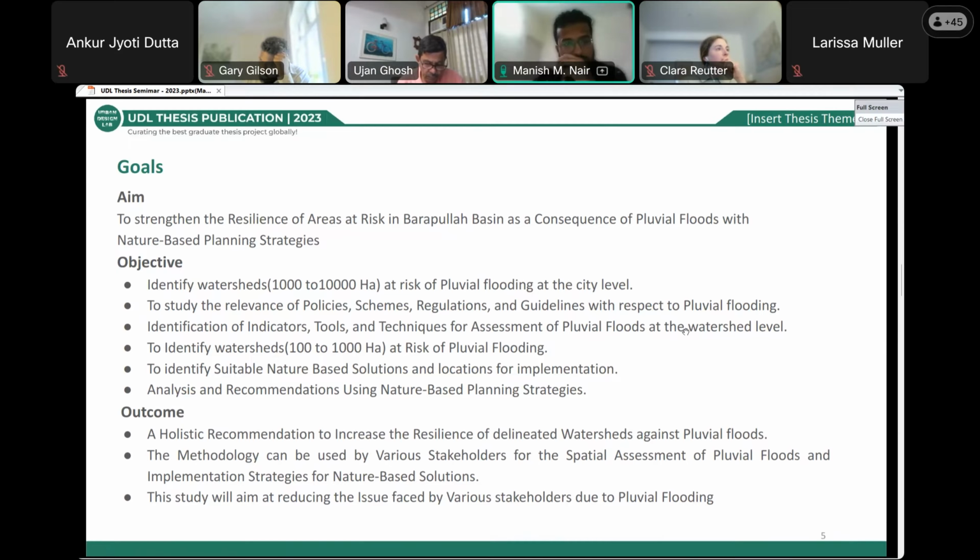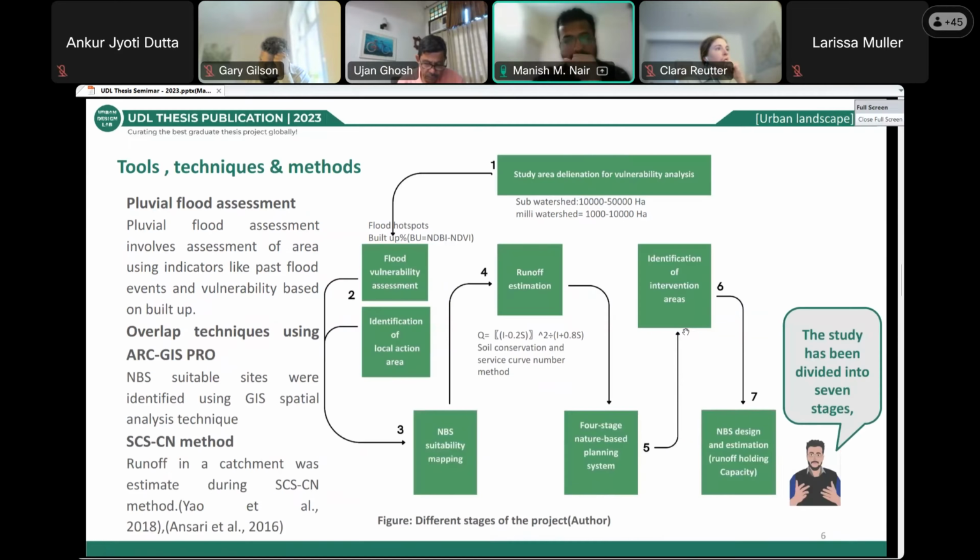Now, these are certain tools, techniques, and methods that were followed. The first two stages are basically the study area delineation and the vulnerability assessment, which are part of the analysis, and the rest are part of the proposal. In the third stage, at the sub-watershed level, the suitable areas were identified where NBS will work efficiently.